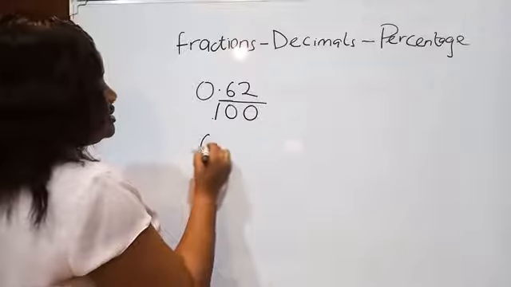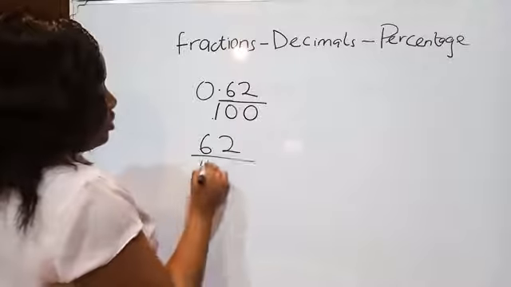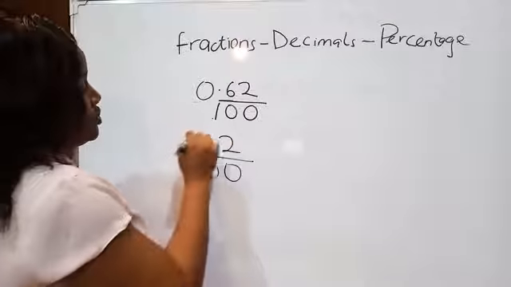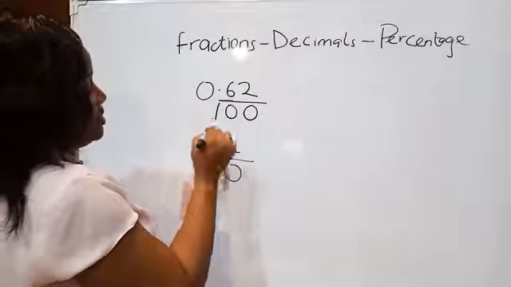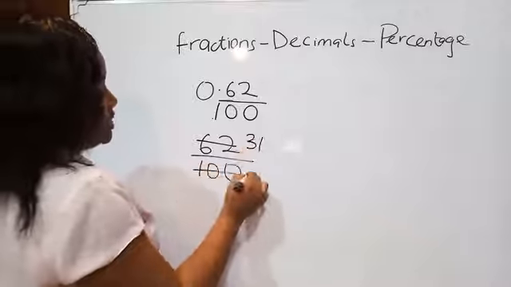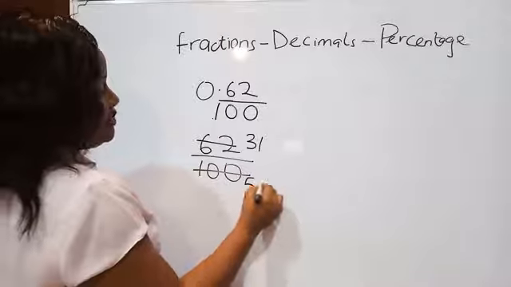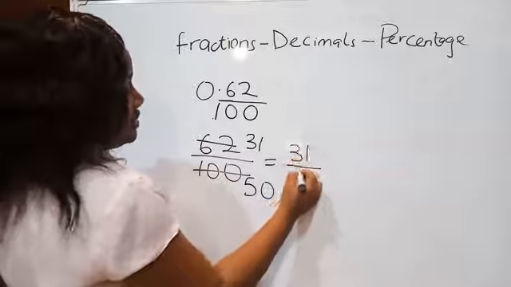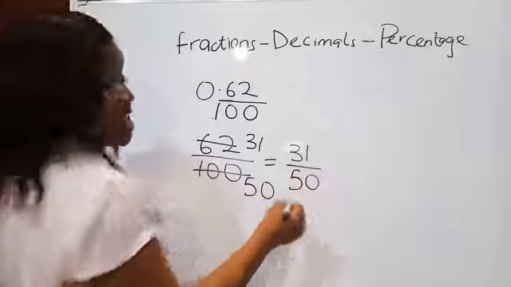So you have 62 over 100, and the common factor is 2. So 62 divided by 2 gives us 31, and 100 divided by 2 gives us 50. And the answer, my dear friends, is 31 over 50.